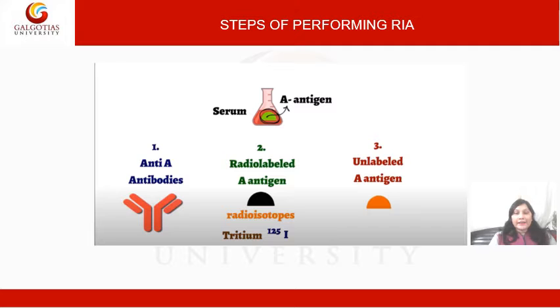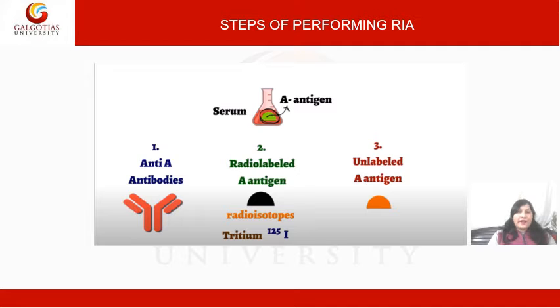The second requirement is radio labeled A antigen. If we have to find out the concentration of A antigen, we need two types of A antigen. The first one is radio labeled A antigen, the antigen that is labeled with an isotopic element, and for this purpose we generally use an isotope of hydrogen, that is tritium, or iodine 125.